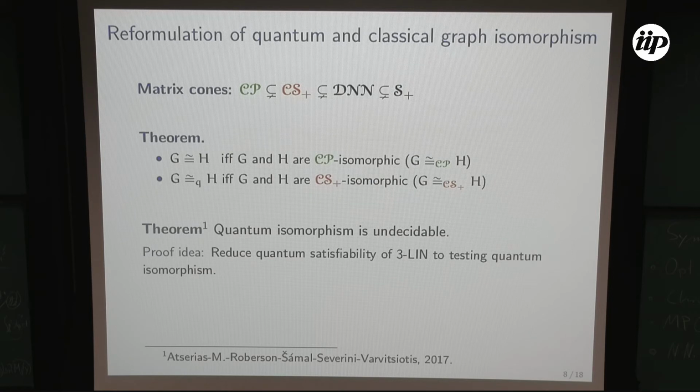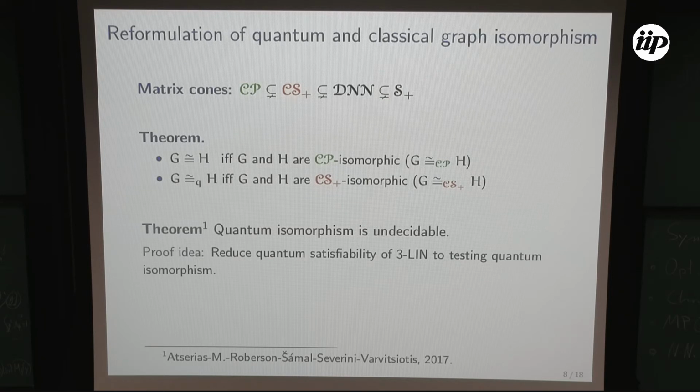So we have reduced the quantum satisfiability problem, which was shown to be undecidable by William Slofstra, to testing quantum isomorphism. So that implies that quantum isomorphism is undecidable as well. All right, so sort of bad news for quantum isomorphism. If you give me two graphs, I don't know how to tell you if they are quantum isomorphic or not.